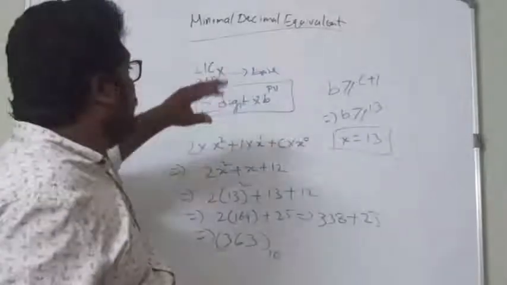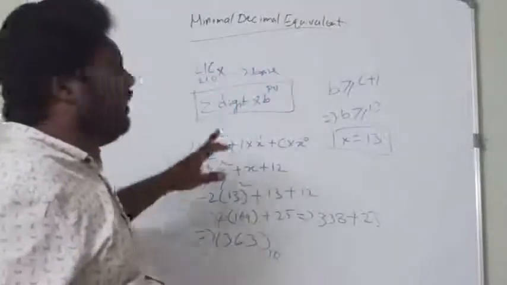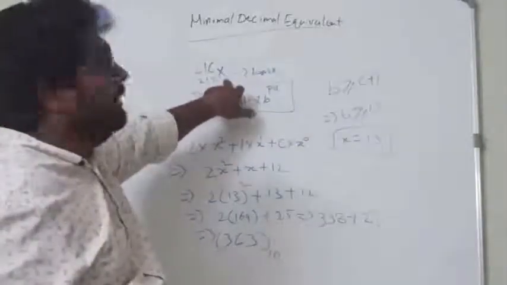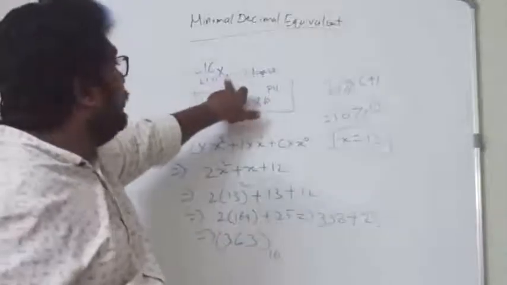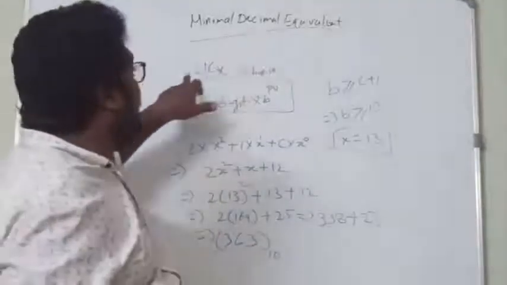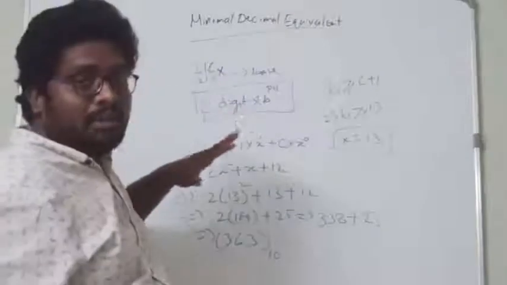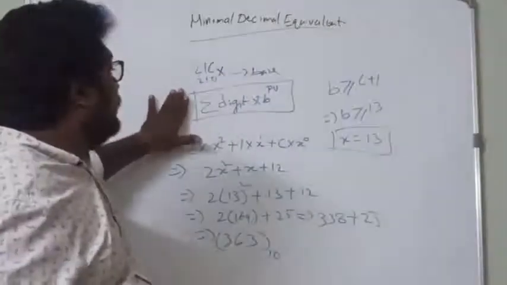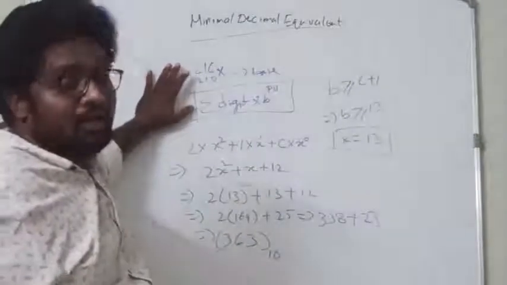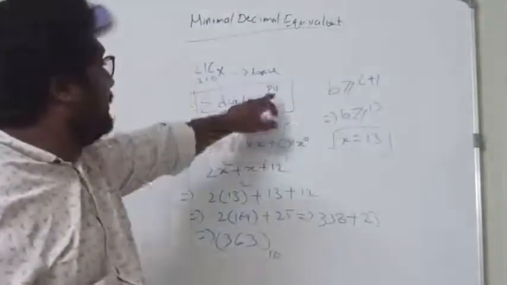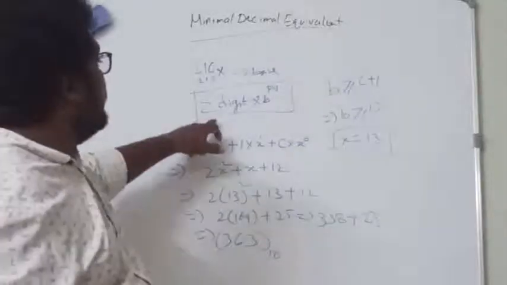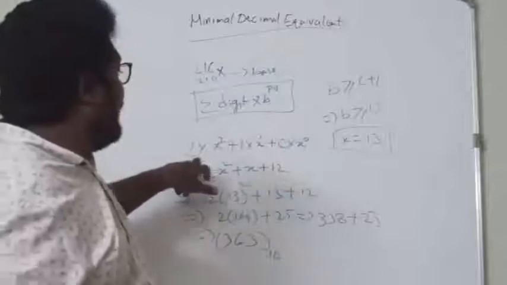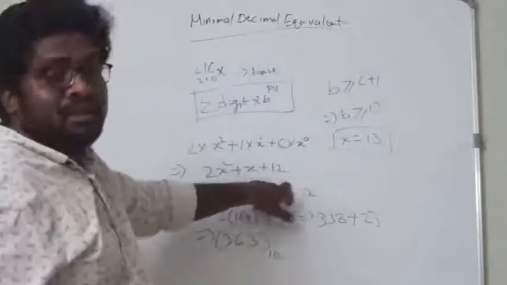So let's take an overview of it, right? We have been given a number without a base, and we have to find the minimum decimal equivalent of the given number. We already know that we have a formula, the summation of the digit into base power place value. On substituting the given values in this formula, we get 2x square plus x plus 12.